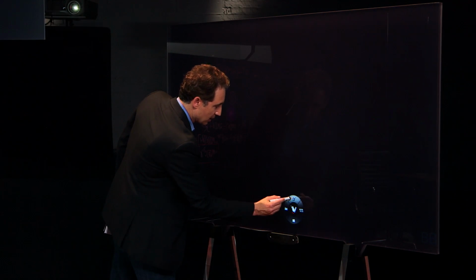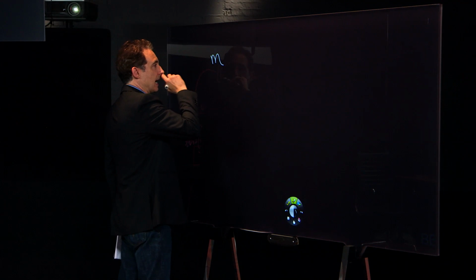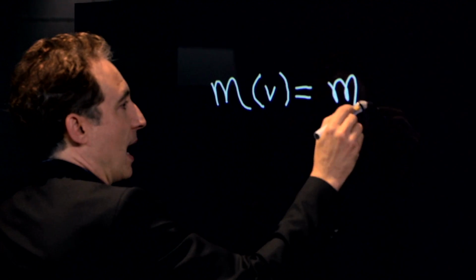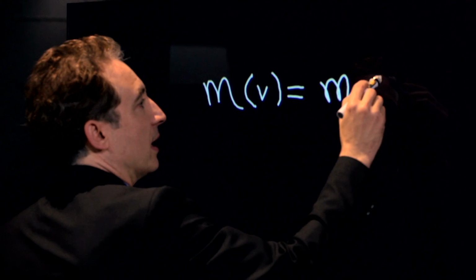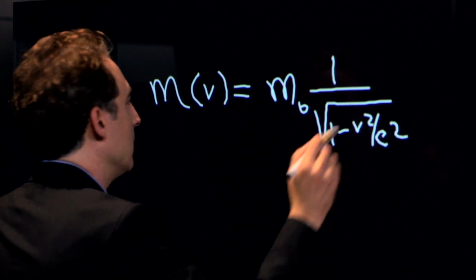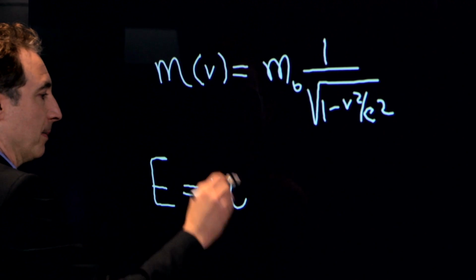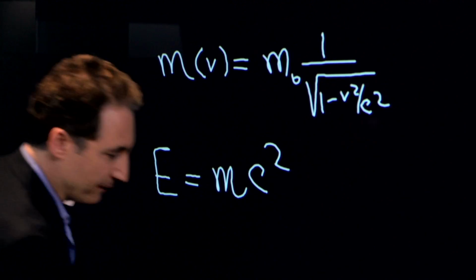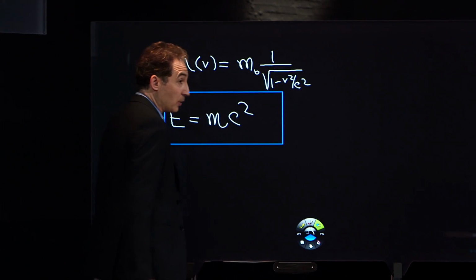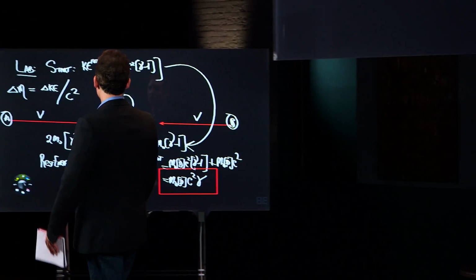If we define the mass as we have been doing, now that we have established it mathematically, m of v defined to be the rest mass of an object divided by the square root of 1 minus v squared over c squared, then the equation I have on the other board is nothing but E equals mc squared with this definition of the relativistic mass. So there you have it. E equals mc squared. It simply comes from this beautiful little argument.